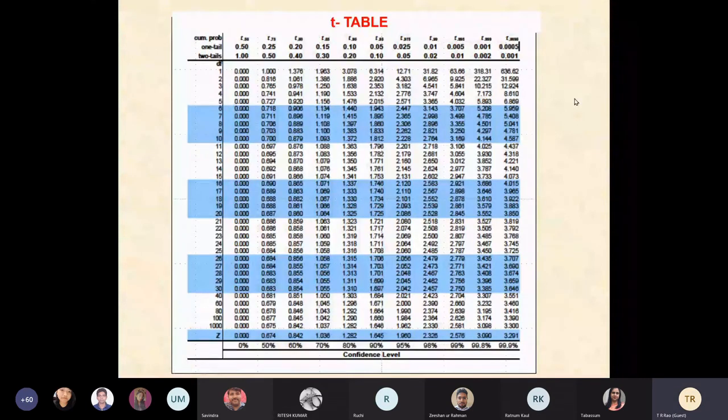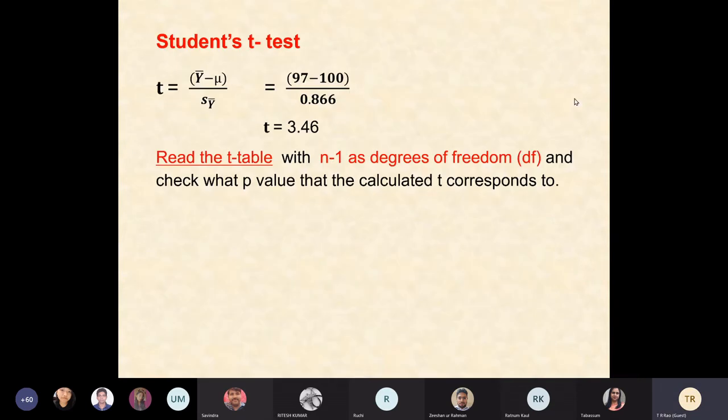So we check the values of the t you got. T is calculated like this. Your observed value, in our potato chips example the observed mean, is 97. The population mean, the manufacturer's claim, is 100, divided by the standard error based on our sample size of 12.